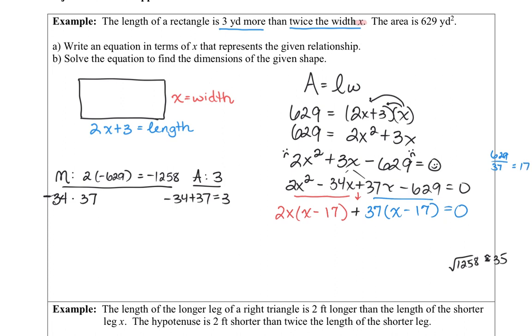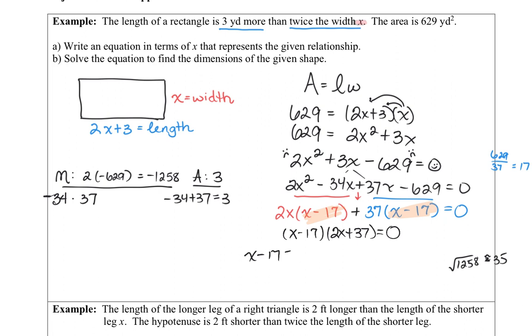And so, wonder of wonders, we have a matching factor. So I can go ahead and factor that out. I'm going to use pen. x minus 17 times 2x plus 37 equals 0. Now I can use my zero factor property.